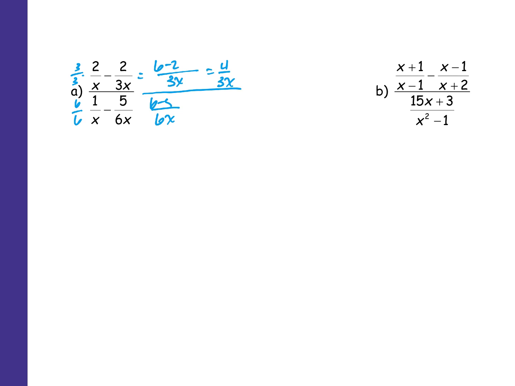So I got 6 minus 5, which is 1 over 6x. So then I get 4 divided by 3x times 6x over 1. 3x goes into 6x 2 times, which equals 8.